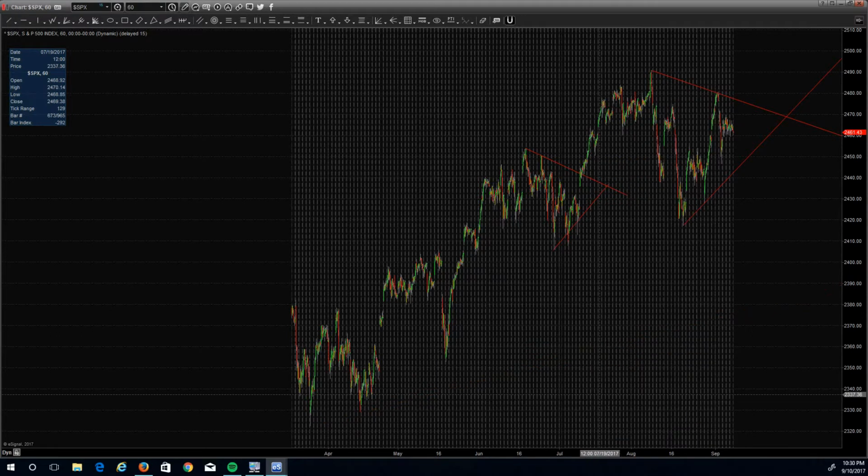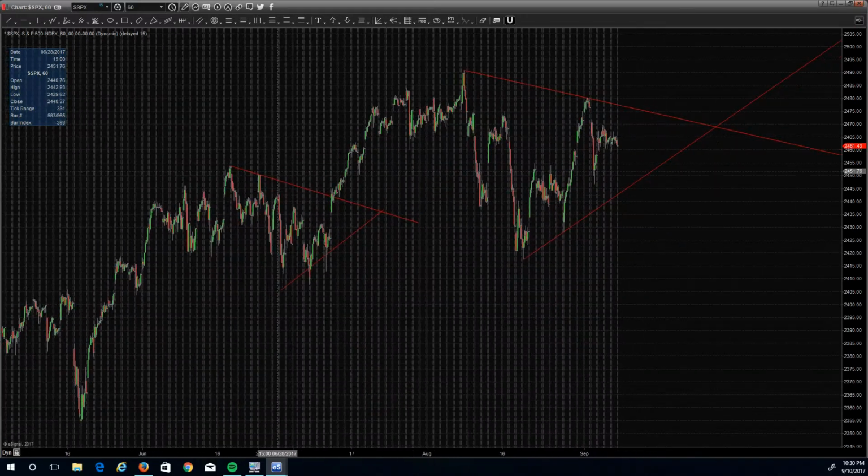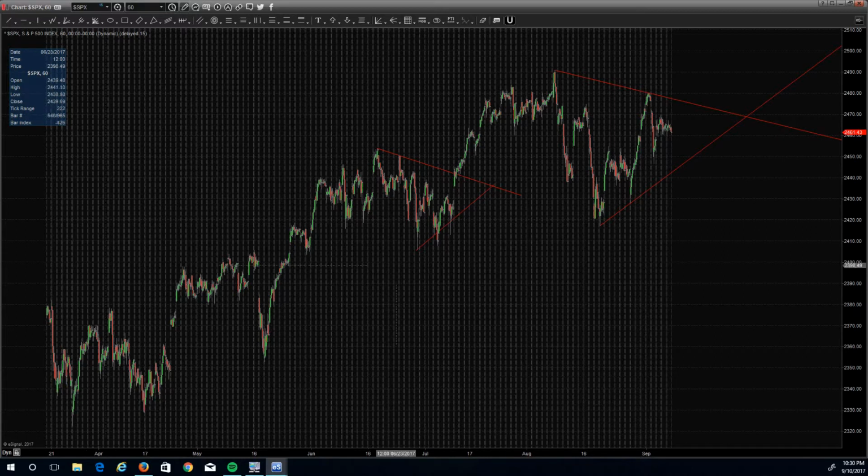Symmetrical triangles are indecision patterns, which means markets are indecisive. But most likely, if they do break out, they'll break out in the original trend. So as you see over here, the market decided to break out with its original trend, which was bullish.